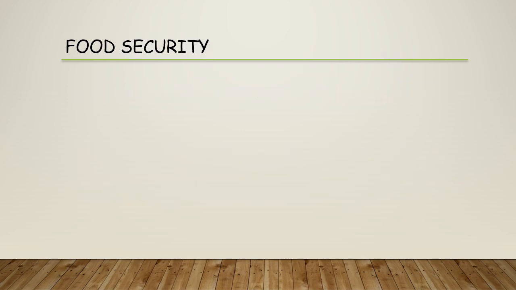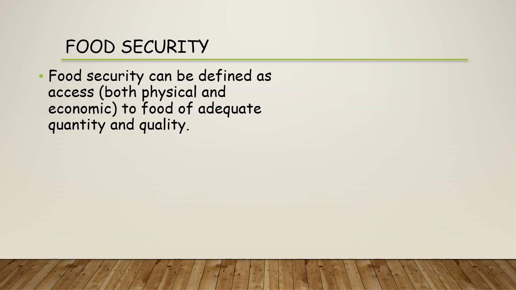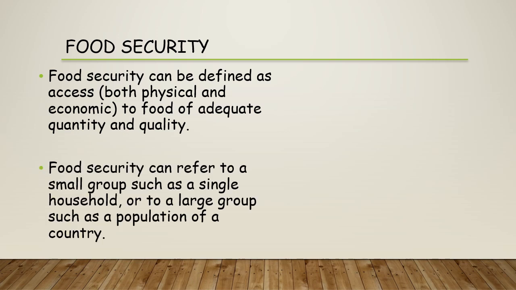So we can put what I've just said together into this term called food security, and that's defined as the access. So both physical, so I can go to a shop here in the UK and I have physical access to food, but also economic. Can I afford that food that I can physically access? But also, as I've just said, is it about quality and quantity of food for my survival?